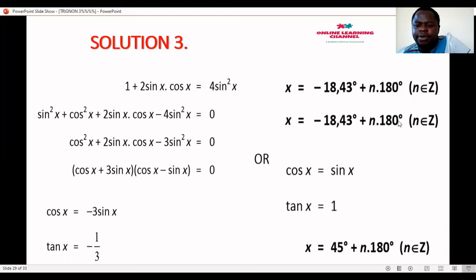So now all you come in here, you say cos x is equal to sin x. You solve the other bracket here, which will give you, you divide both sides by cos here, it will give you tan x is equal to 1. So your x is equal to arc tan of 1, it will give you 45 plus n multiplied by 180. N is an element of an integer.